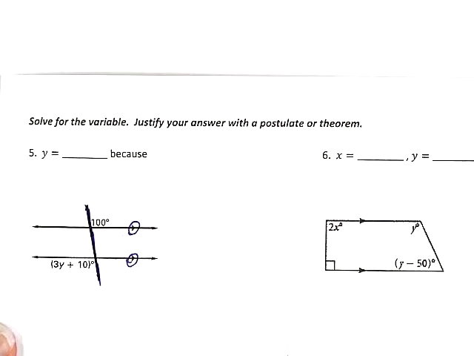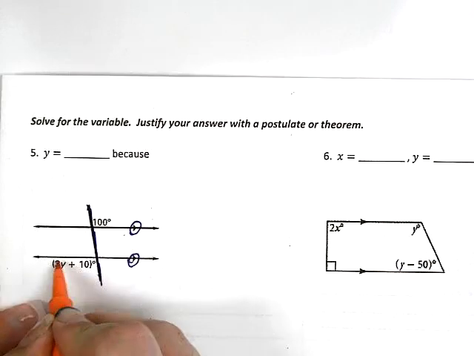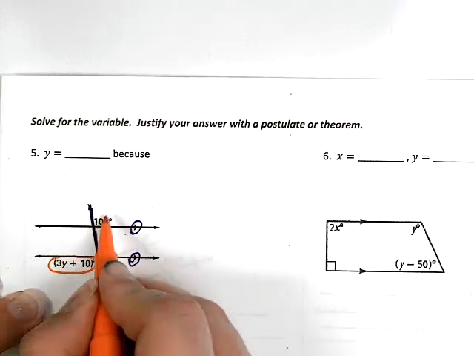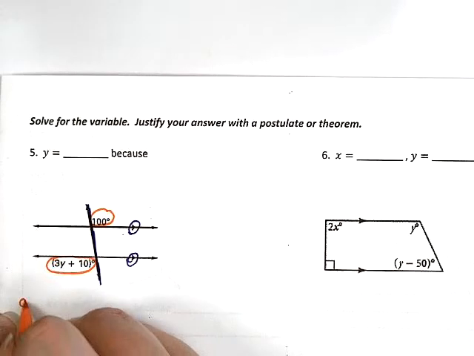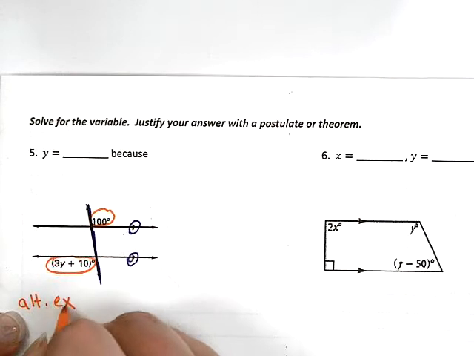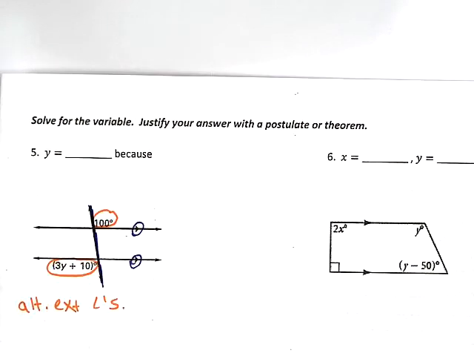If I look at my two angles, they are on different sides of my transversal, and they are outside the two parallel lines, which means these are alternate exterior angles. What do we know about alternate exterior angles when we've got parallel lines? They're going to have to be congruent to each other.